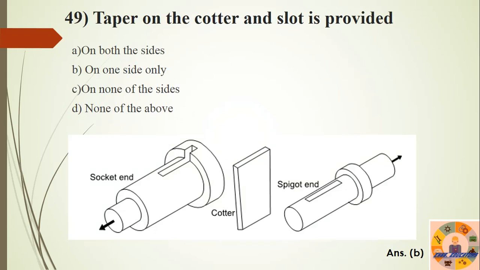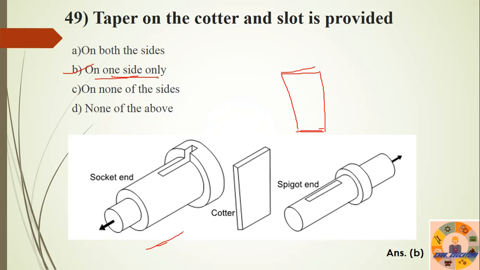Next question is, taper on the cotter and slot is provided. So you know this is the cotter and slot joint, in which the cotter is tapered on one side only.